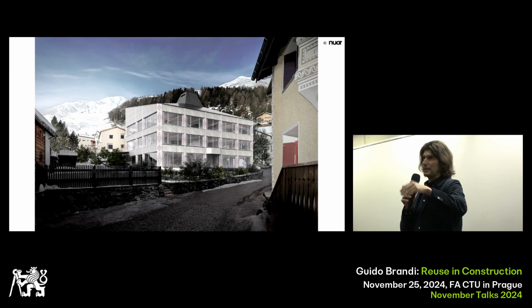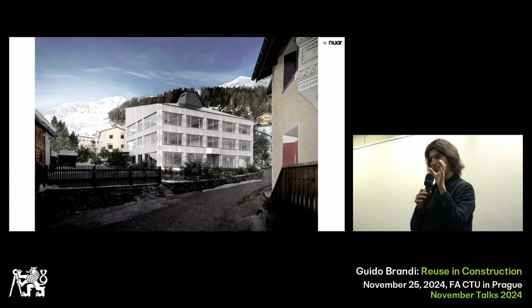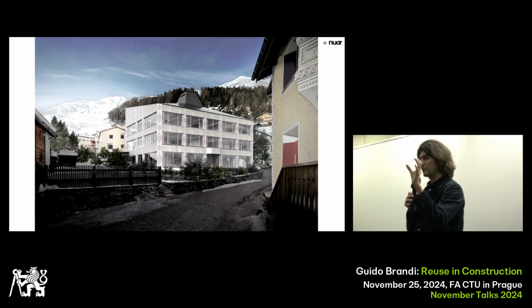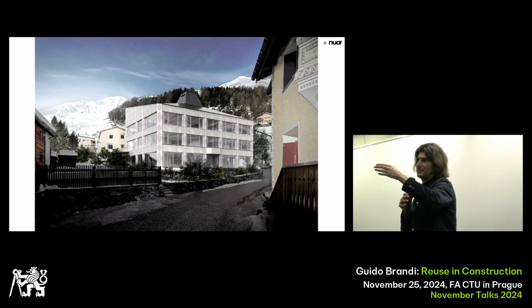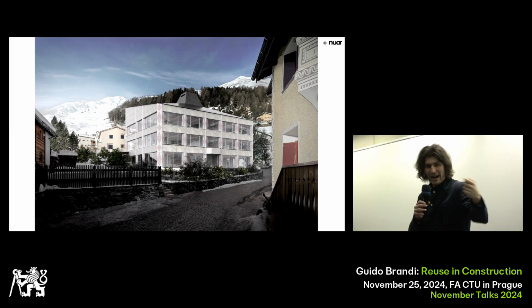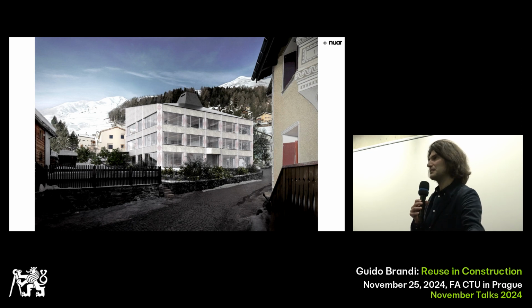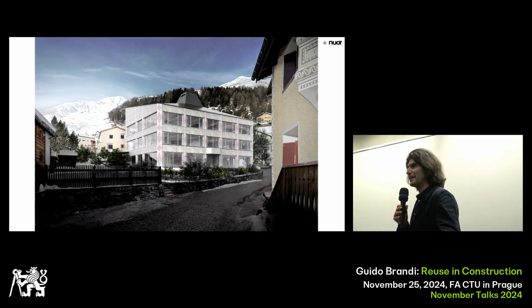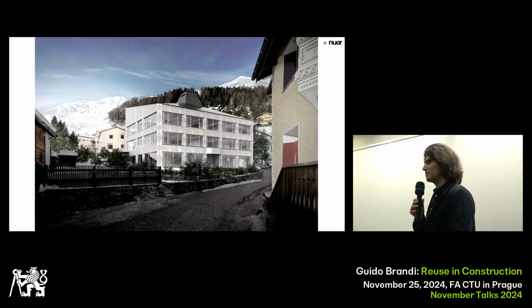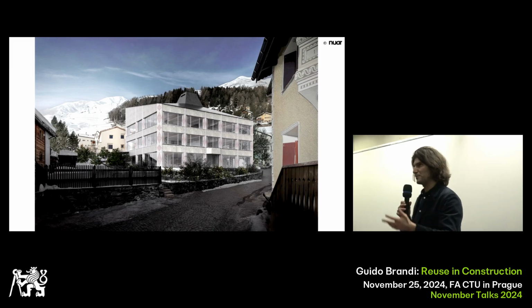Because actually, when you think about the price of the reused windows, it is made of these 10 phases. To buy the windows at the demolition site doesn't cost so much. Maybe they pay even 50 francs, or 50 euro, so it's nothing.